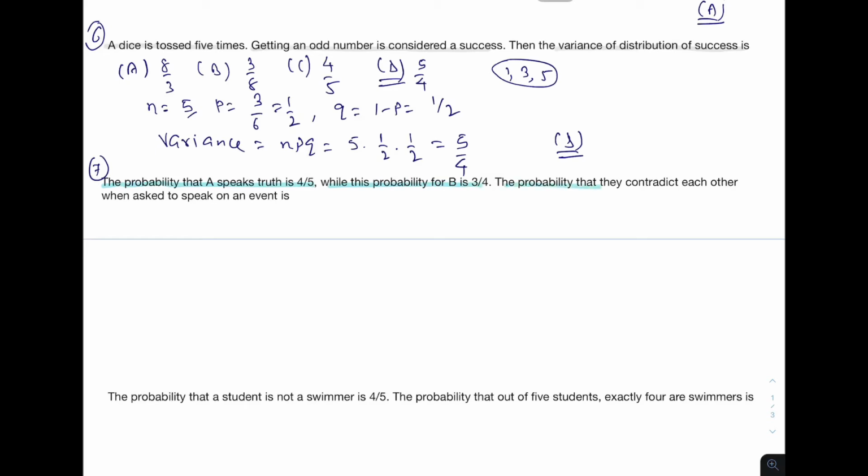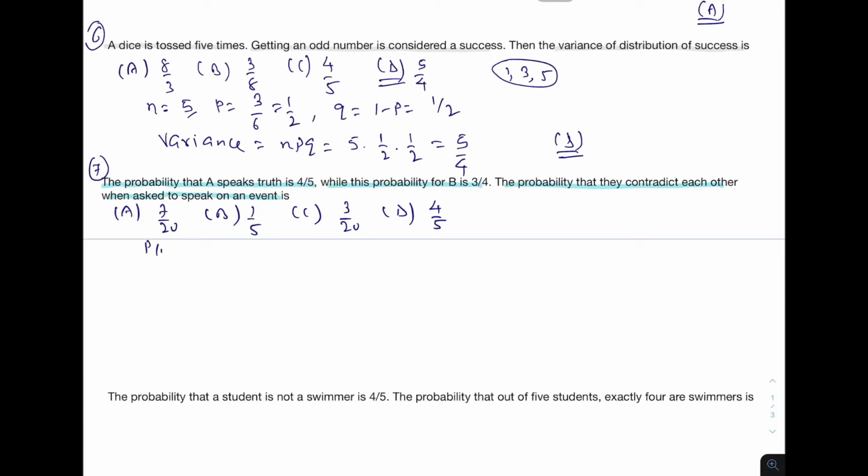The probability that they contradict each other when asked to speak on an event is, so here the options are 7 by 20, 1 by 5, 3 by 20, 4 by 5.